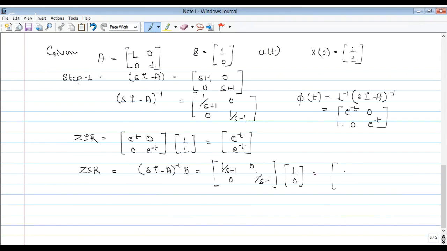So how much will this come out to be? 1 by s plus 1, or 0. Now if you multiply it by U(s), which is 1 by s, it will become 1 by s(s plus 1), 0.